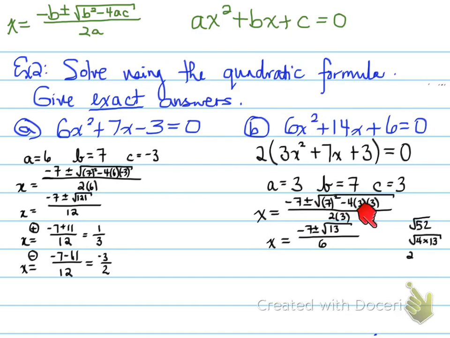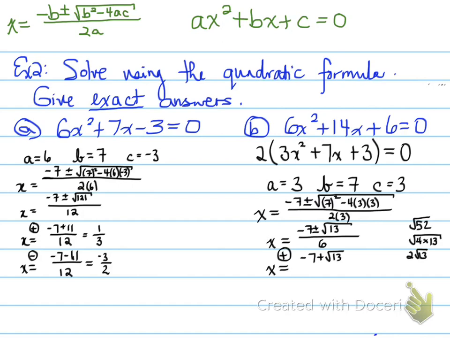Now, some of you might be going, well, but I didn't get 13 because I forgot to common factor. Well, folks, you would have gotten root 52. Root 52 is reducible to 2 root 13. So somehow it would reduce itself to look like this, guaranteed, because there would be a 2 that's factorable from the top that can reduce with the bottom.